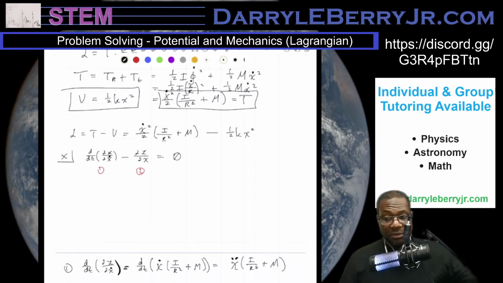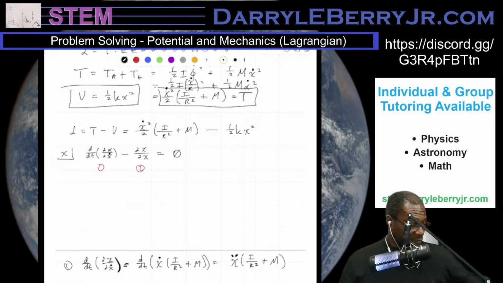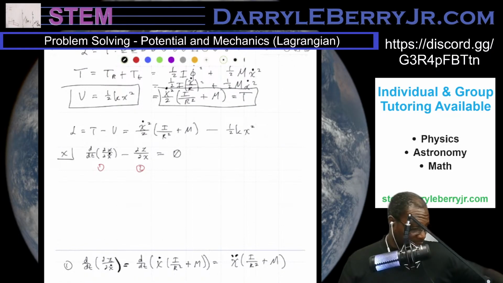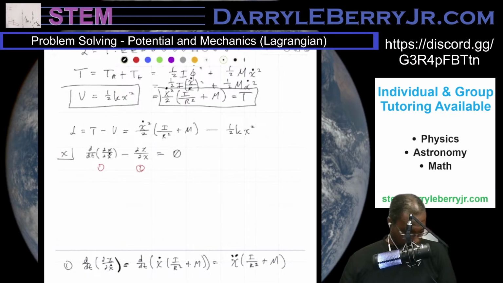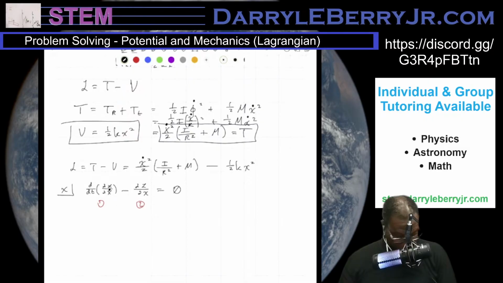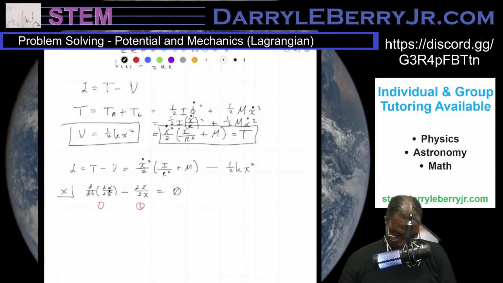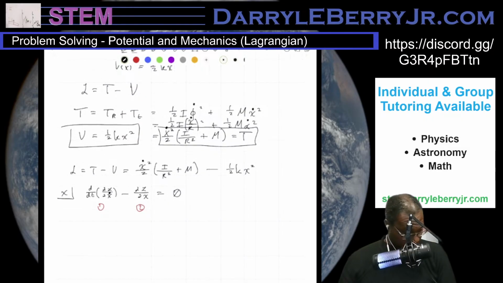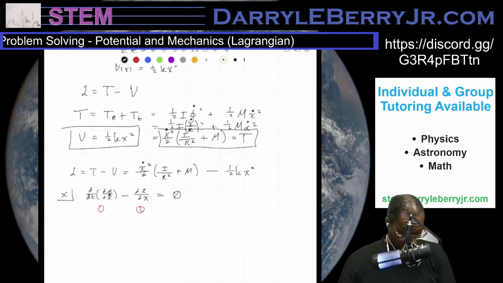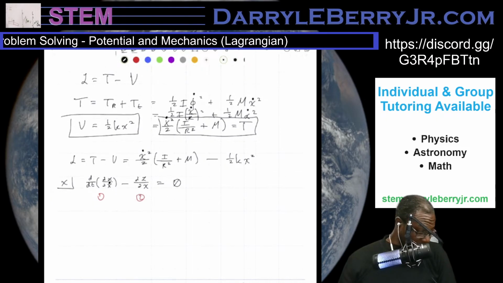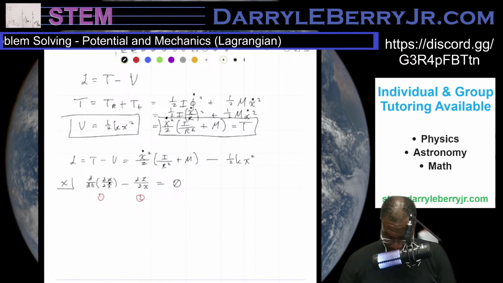Seem to have the, what am I going to call them, right? x dot squared over 2 over r squared plus m minus 1/2 k x squared.